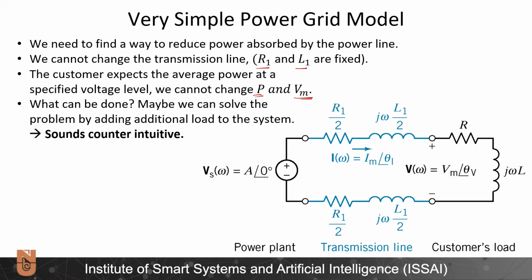So what can be done? If we cannot remove the resistance or inductance of the power line, maybe a counterintuitive idea is to add an additional load to the system and see whether this will help us.